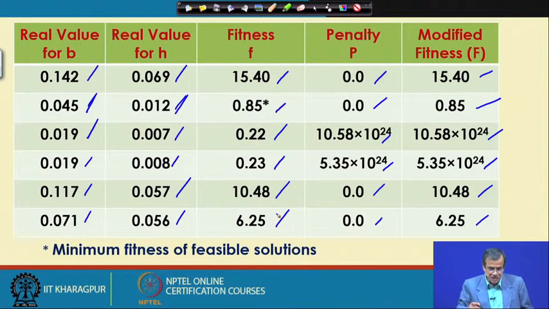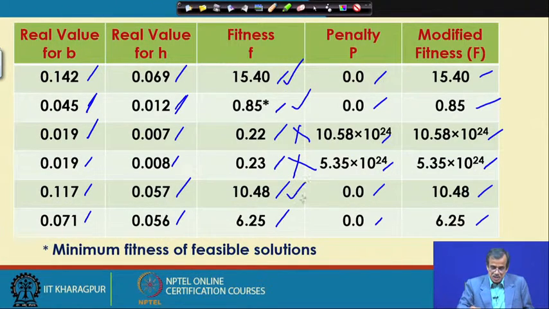And another thing I should mention here, now if we see the minimum fitness out of the feasible solutions. Now, here there are 6 solutions. Out of these, this is not a feasible solution, here there is constraint violation, and this is also not a feasible solution, there is constraint violation. So, the feasible solutions are this, this, this and this.